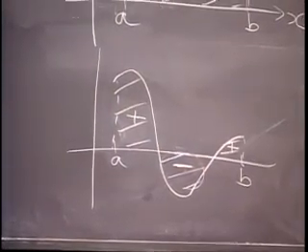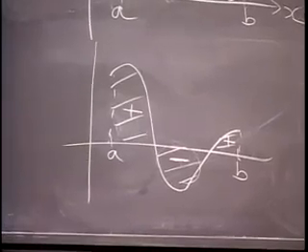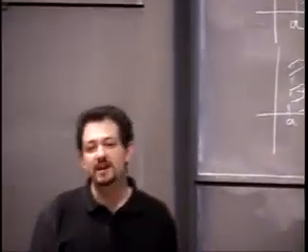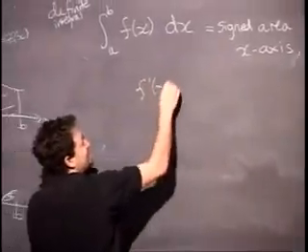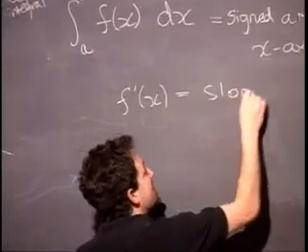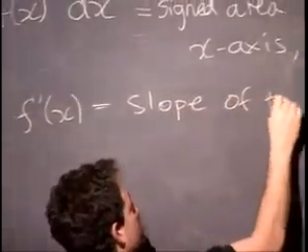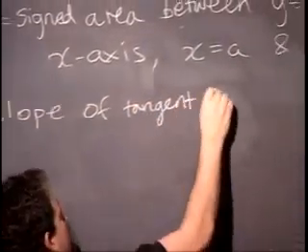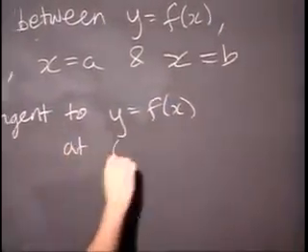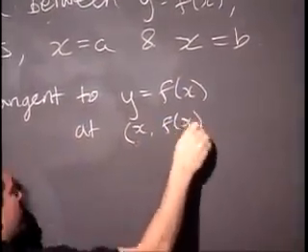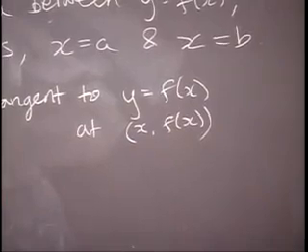Now this definition is fine, but it's just about as good as saying, what's dy dx, or what's f prime of x? F prime of x is the slope of the tangent to y equals f of x at x comma f of x. You don't need to write that down because you know that.